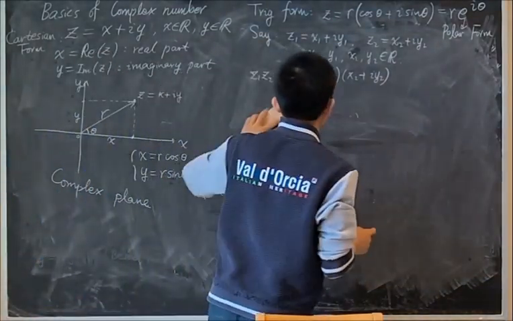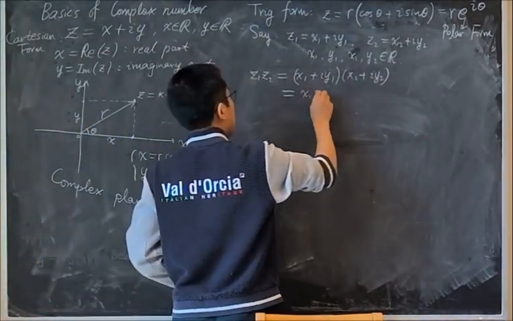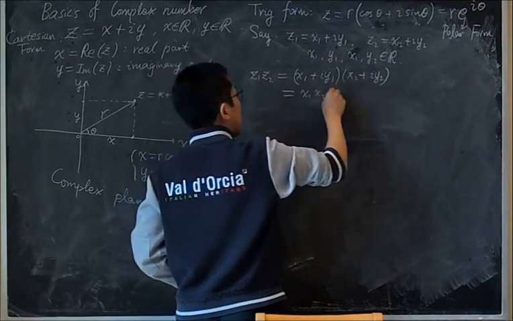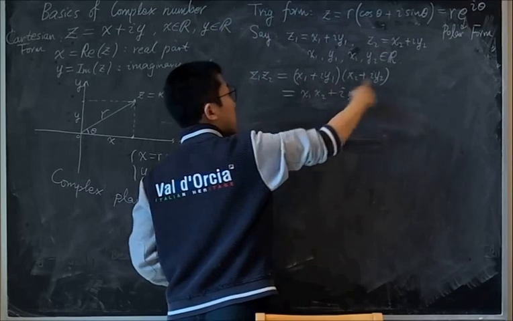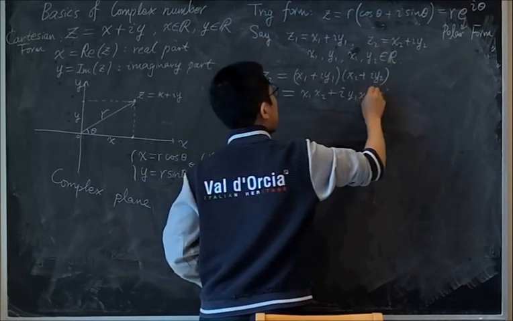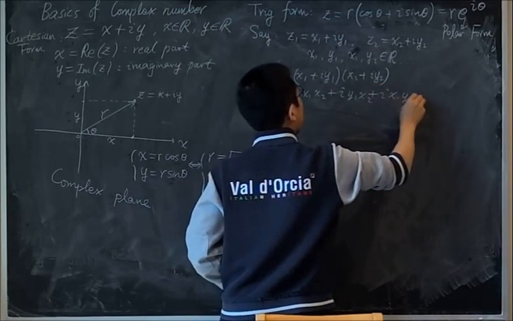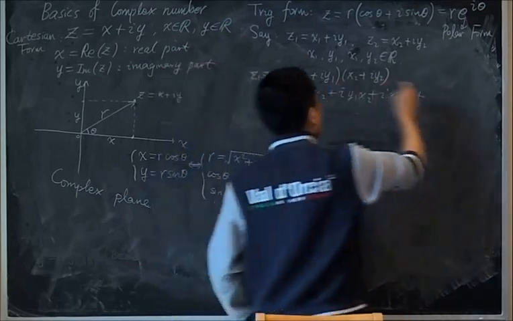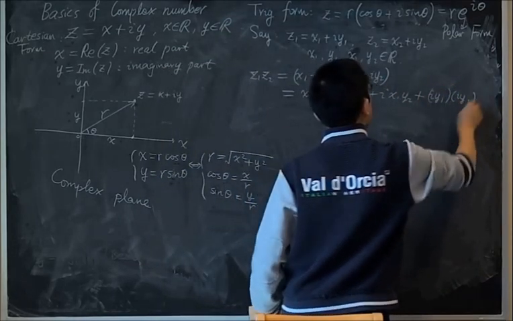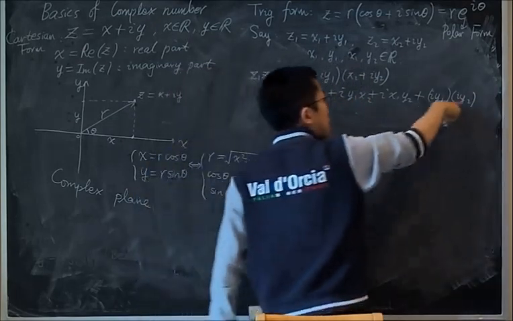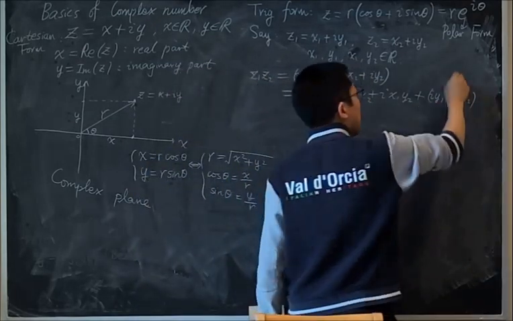So the first term is x1 x2. This term is i times y1 x2. This term is i times x1 y2. And the last term is i y1 times i y2. Recall that i times i is -1. Right, that's the definition.